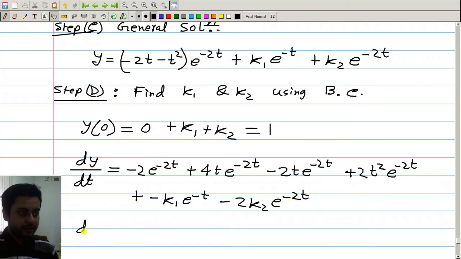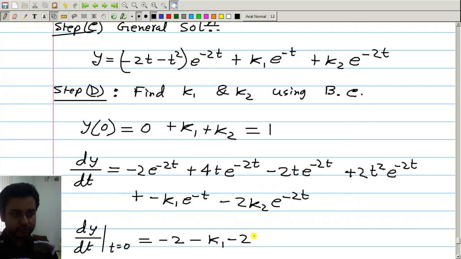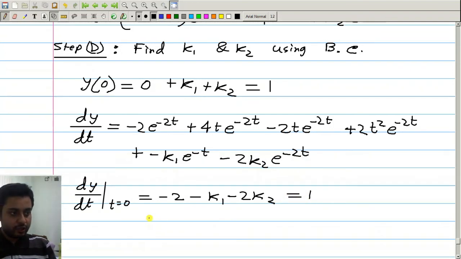Now putting time t equal to 0, we shall get minus 2, then 0, 0, 0, here minus k1 minus 2k2, and this is given to be equal to 1, which means k1 plus 2k2 is equal to minus 3. k1 plus 2k2 equal to minus 3.